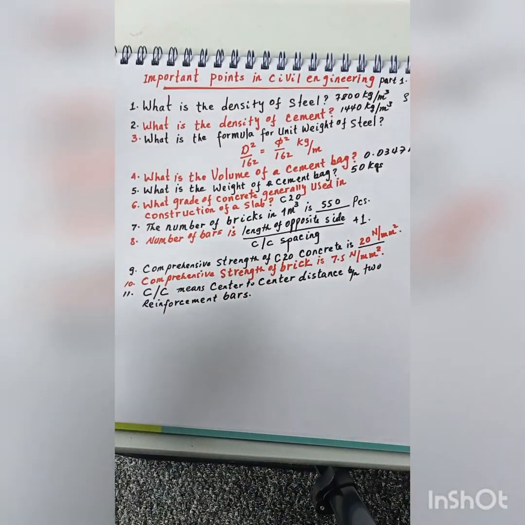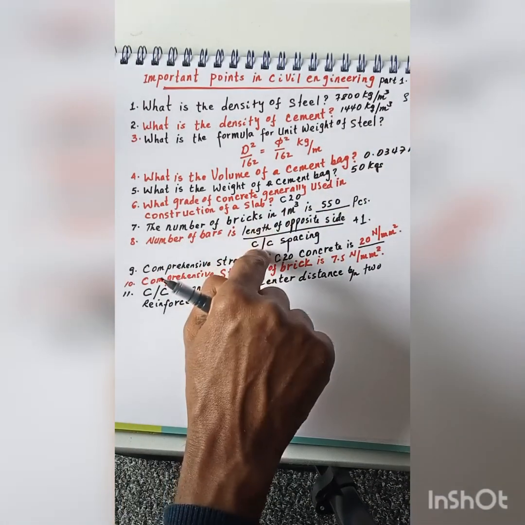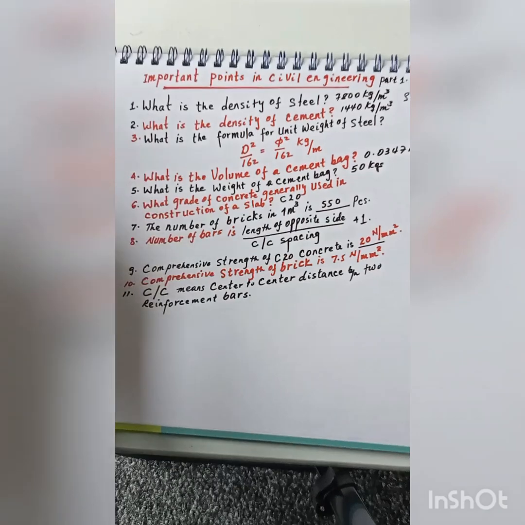Number of bars. The number of bars is the length of the opposite side divided by the center to center spacing.